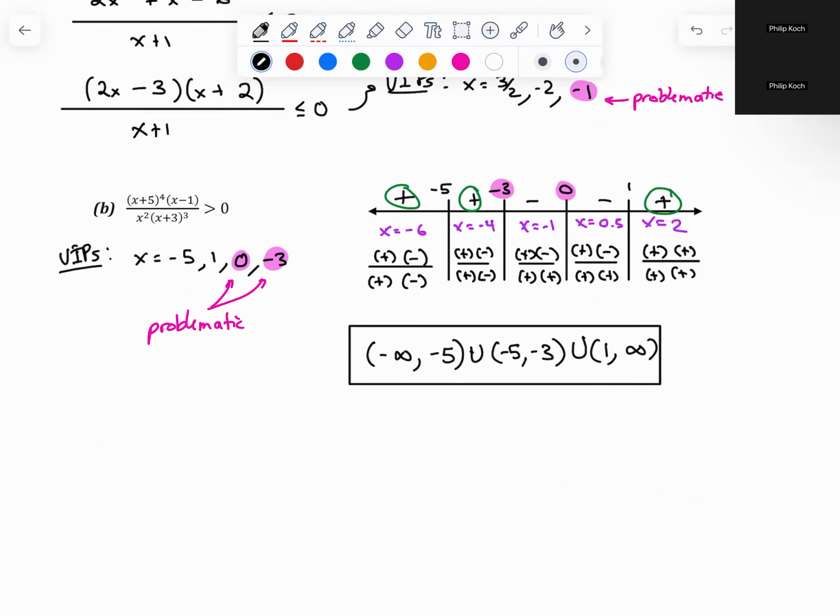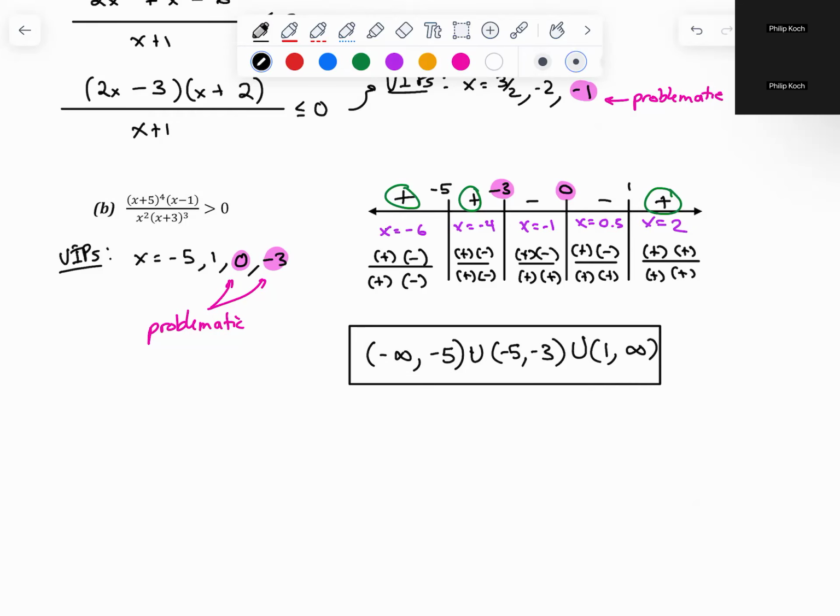It'll stay on one side of the x-axis, whereas -3 has a multiplicity of 3. It's odd. So it should flip, and it does. Then it's 0, that's an even multiplicity, so it stays the same. It bounces and stays where it was. And then at 1, we have a multiplicity of 1 that's odd, so it flips and changes. So you can bypass a little bit of testing. It saves you maybe 20 seconds. So it's not that big of a deal, so that's why I'm going to skip it. But if we have time, we'll check that out.